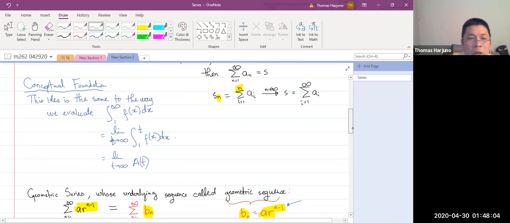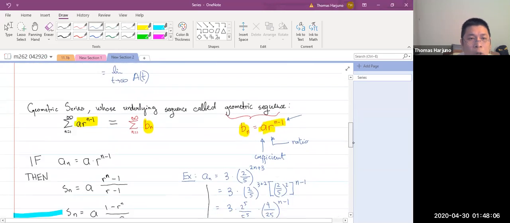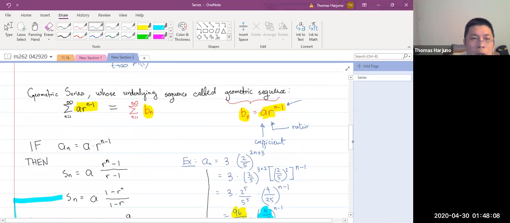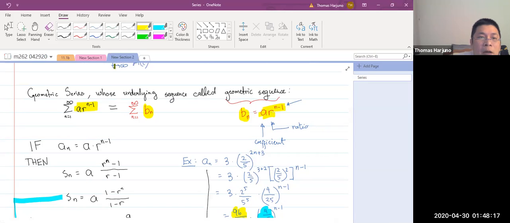Now then, one of the important series that we need to deal with is the geometric series, which has this pattern. It has the first term, we denote it by A, sometimes A sub 1, and the ratio R to the power of n minus 1.